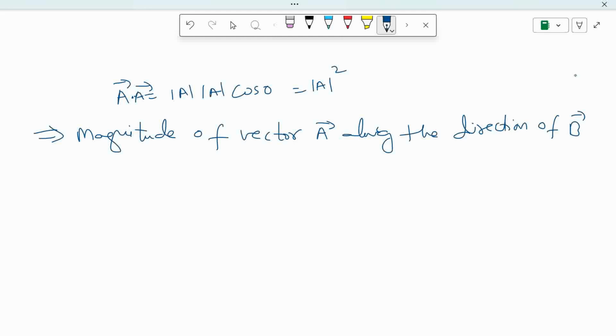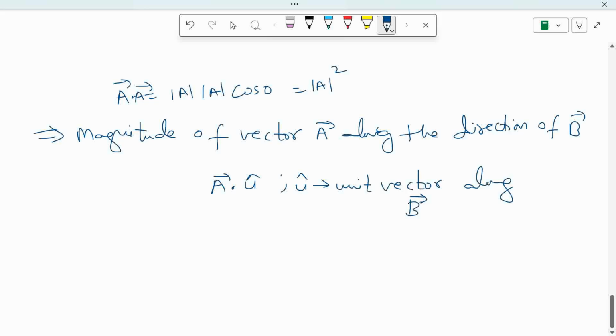In order to calculate that, we have to do the dot product of A bar and the unit vector along the direction of B bar. So here, U cap. What is U cap? It is the unit vector along this B vector.